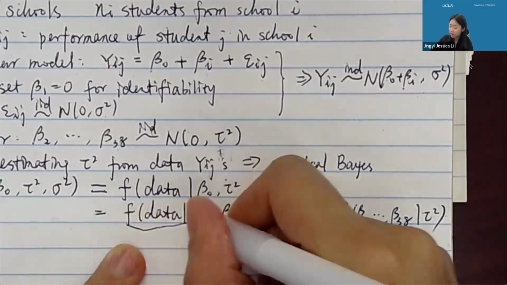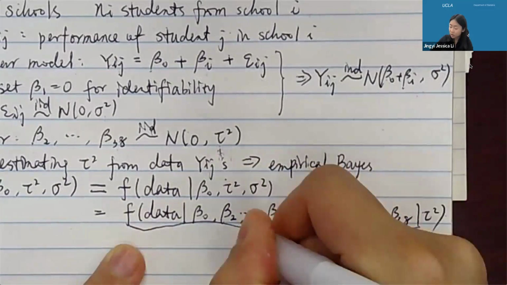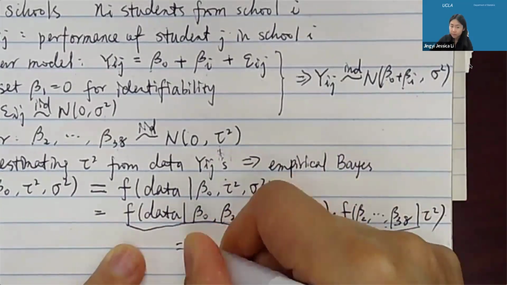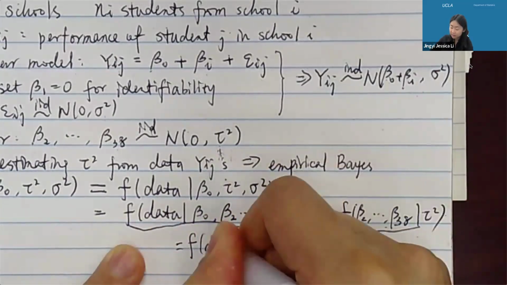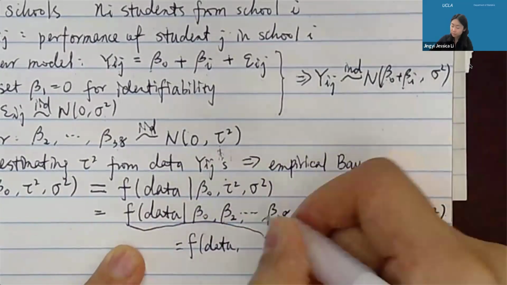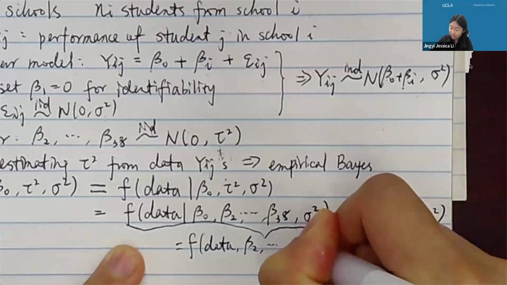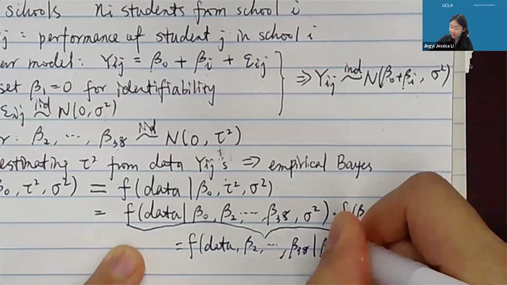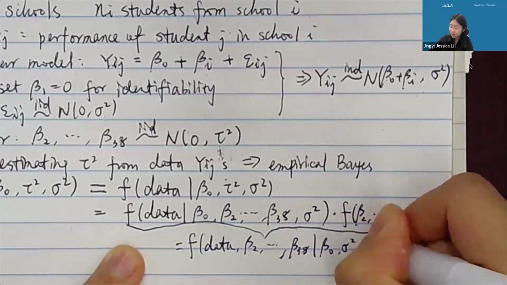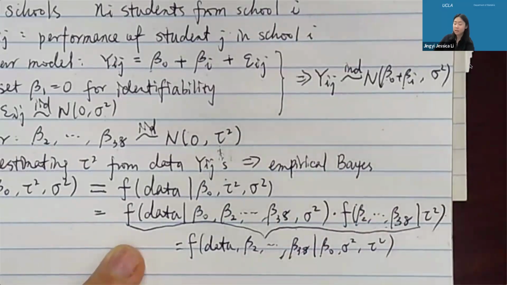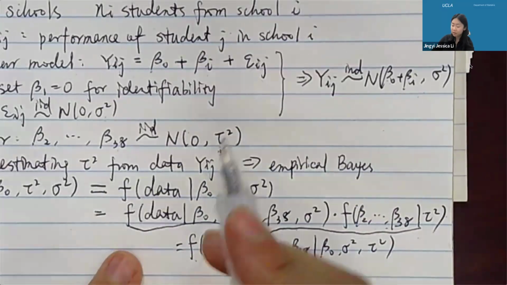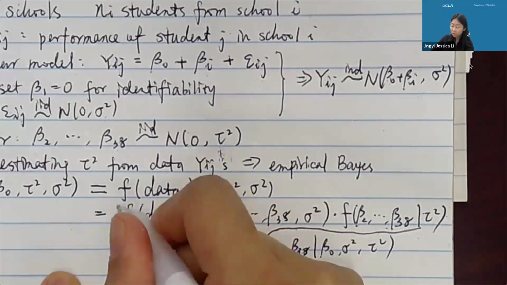So what I'm saying here is that this is actually equal to the density of data and beta 2 to beta 38 given beta 0, sigma square, tau square. And to go from here to here, we need to take integration.